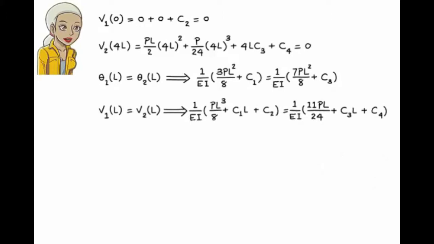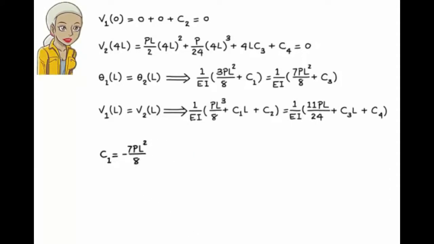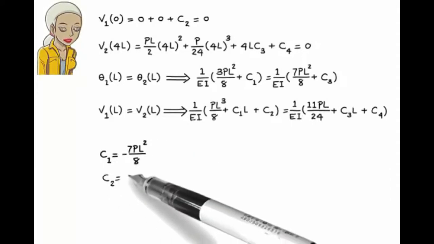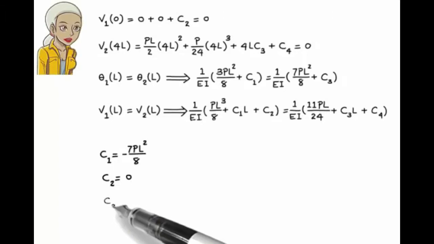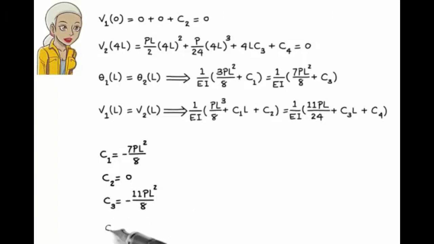If we solve them simultaneously for the constants, we get C1 equals negative 7PL squared over 8, C2 equals 0, C3 equals negative 11PL squared over 8, C4 equals PL cubed over 6.